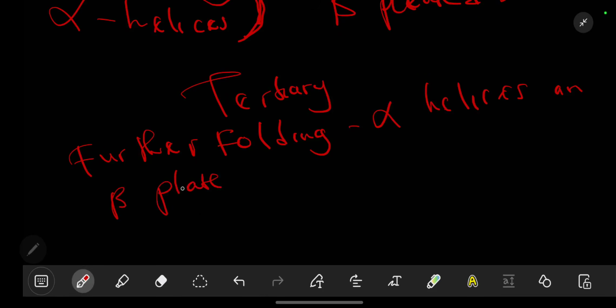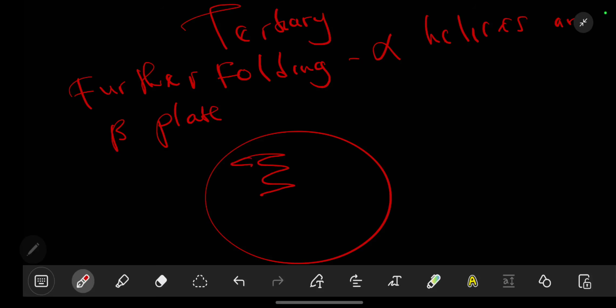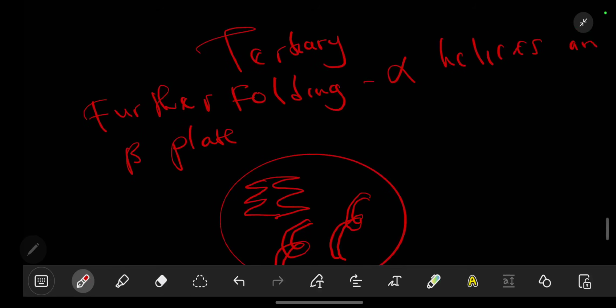Both of these are combined. We might have something like this, then we have the alpha helix. Yeah, like that, so the structures are combined like that. This is what we basically call the tertiary structures.